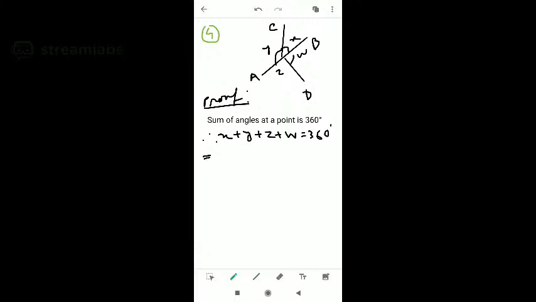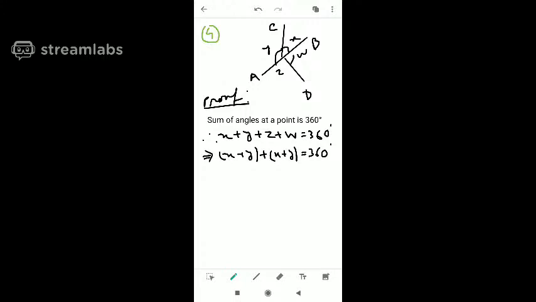So now we can replace something. x plus y I am writing like that, and in place of z plus w also we can write x plus y. Why we can write that? Because it is given that x plus y equal to w plus z, both are equal given in the question.